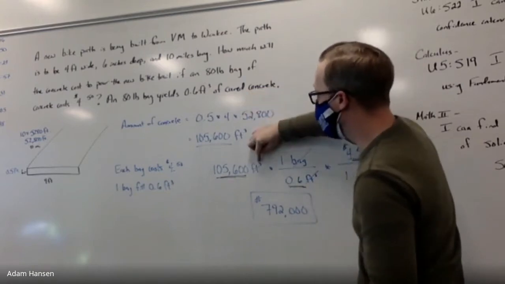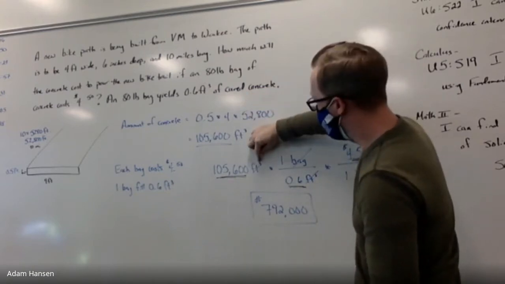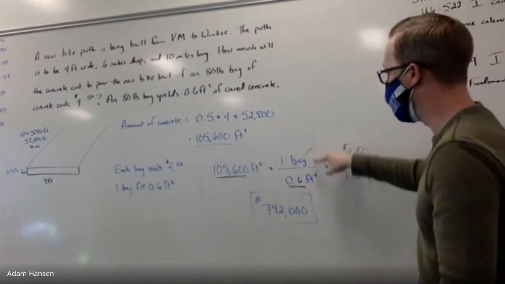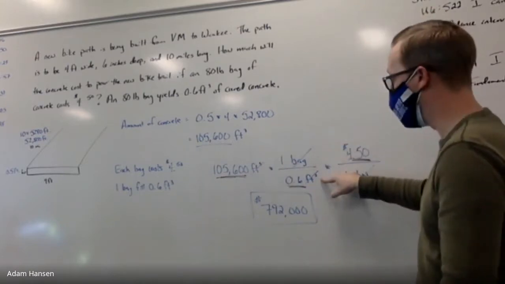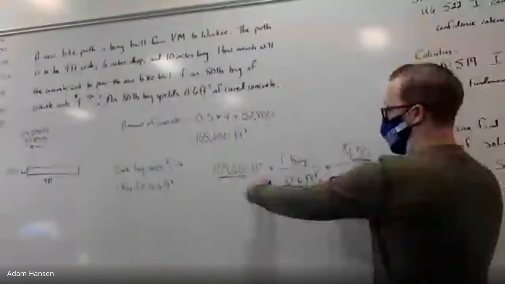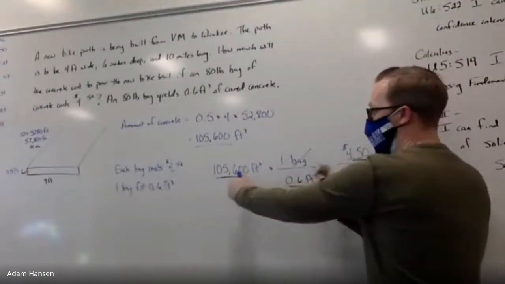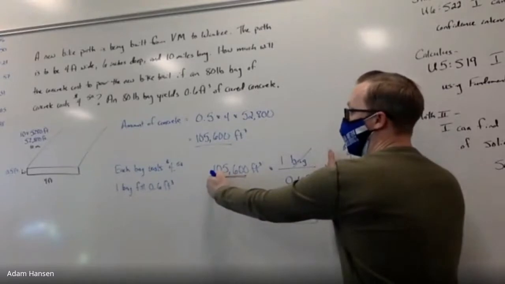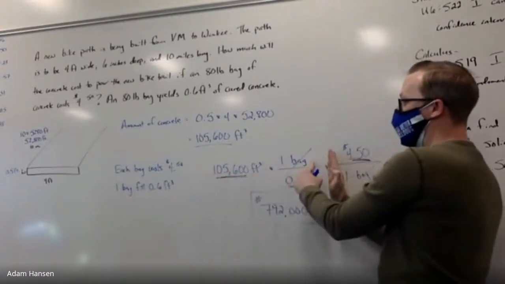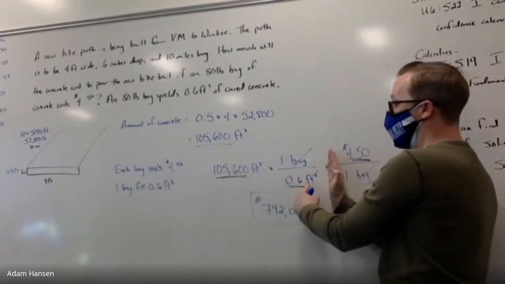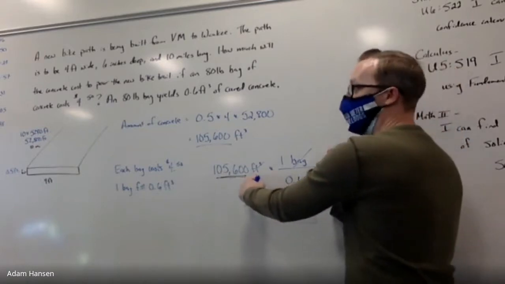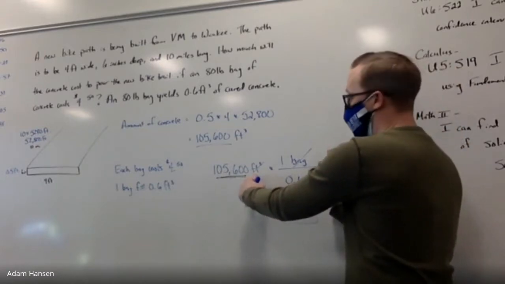If I want to cancel out the cubic feet units, do I need to put cubic feet on top and bottom? Bottom. So I multiply them together. Cubic feet on top, cubic feet on bottom, cancels out, right? Multiplying these two units together tells me the number of bags I have to buy. How many times is 0.6 cubic feet divided into 105,600 cubic feet of concrete?